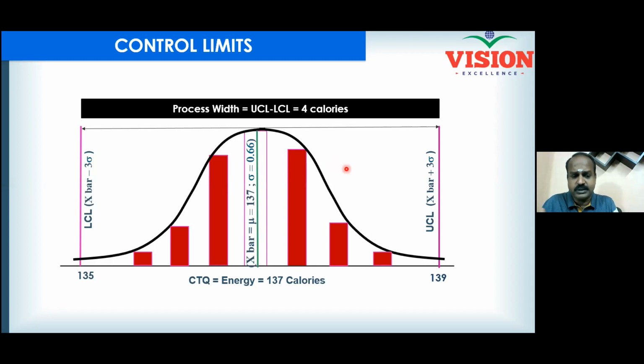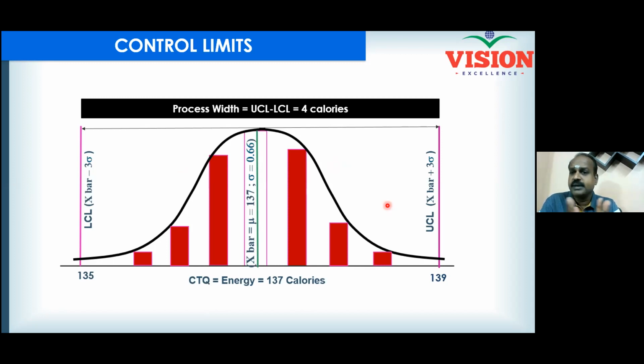Imagine, just for discussion's sake, you took 100 samples of milk bottles and sent them to the lab to study the calories they contain. Now the lab report comes back to you. Now you will have 100 readings of the calories present in the milk bottles.